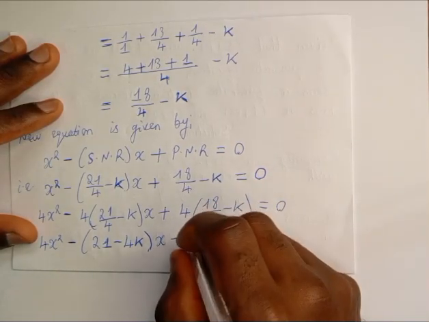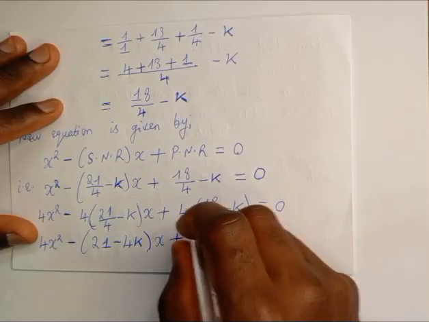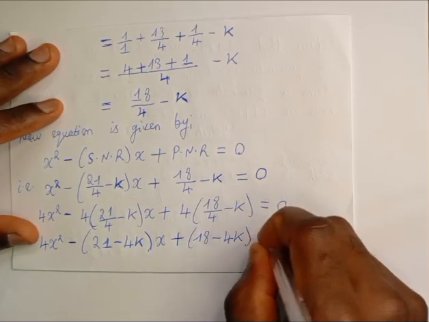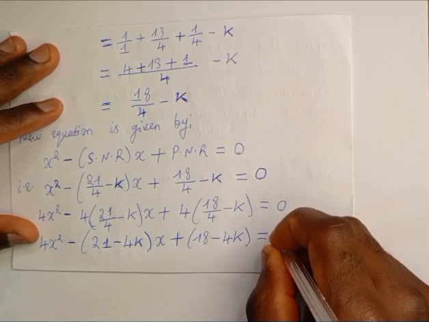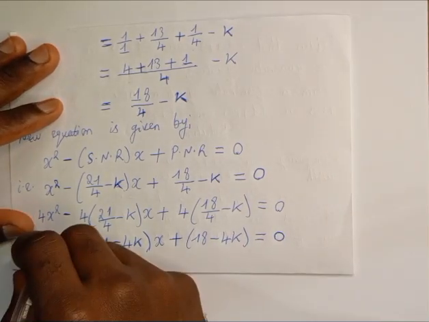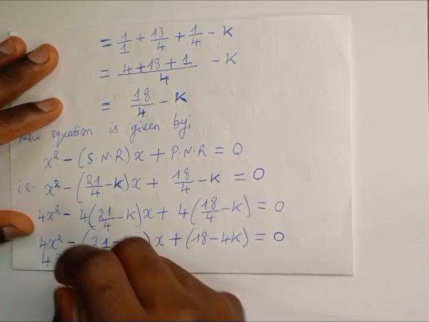This will give us 18. 4 times negative k, minus 4k is equal to 0, like this, which is the same as 4x squared.